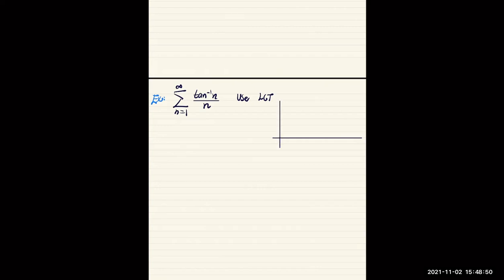The graph of this sequence is just a subset of the graph of tangent inverse of x. This is the n-axis. Remember that tangent inverse x has a horizontal asymptote at pi over 2.